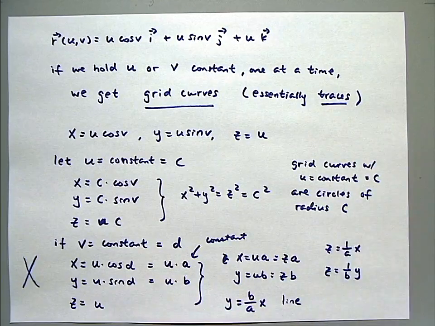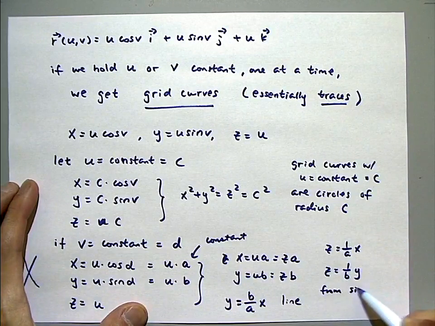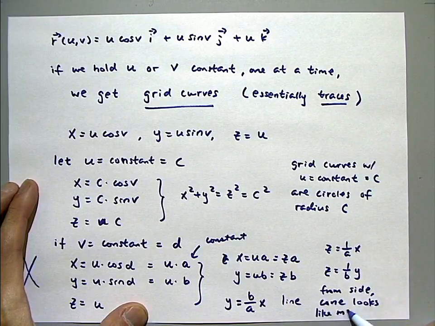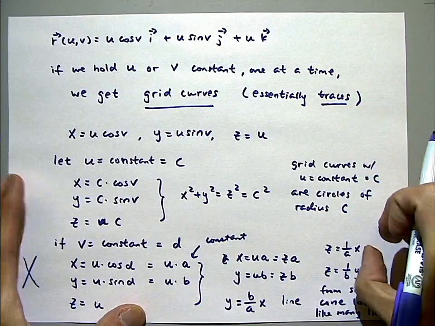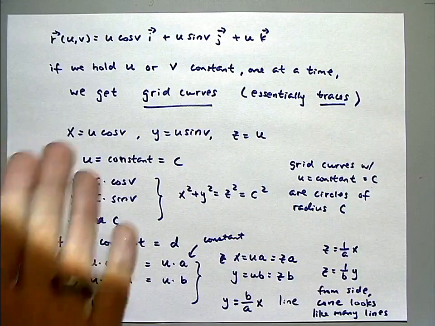What this is saying is that from all of these different perspectives from the side, the cone looks like many lines. Whereas from the top down, taking slices of z, the cone looks like a bunch of circles. So we have a bunch of circles trapped in a bunch of lines, and that's our cone.